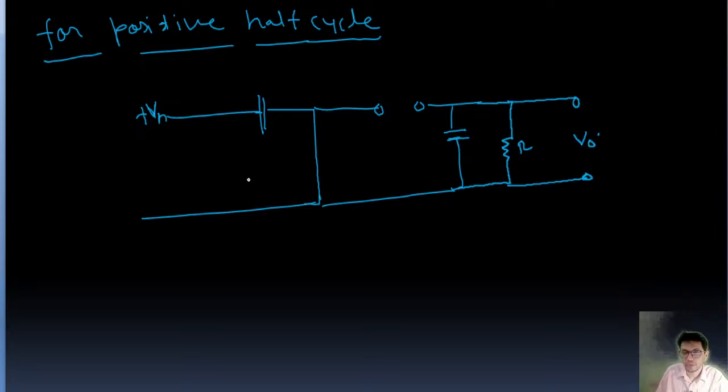So there is no current flowing, which means V output is 0.